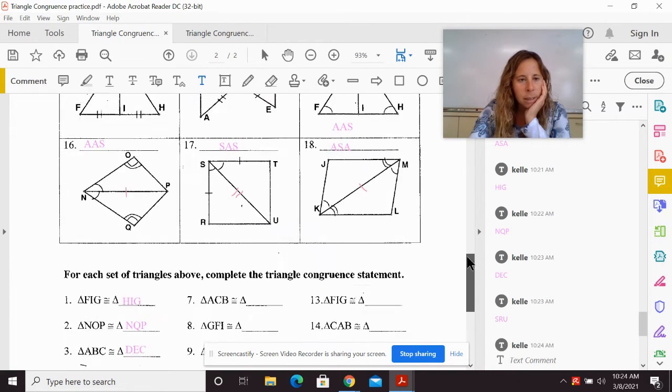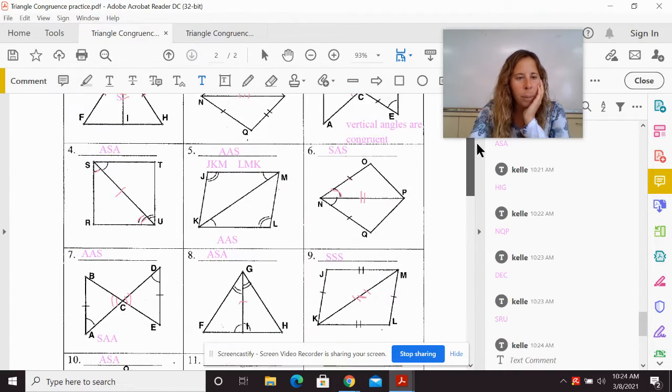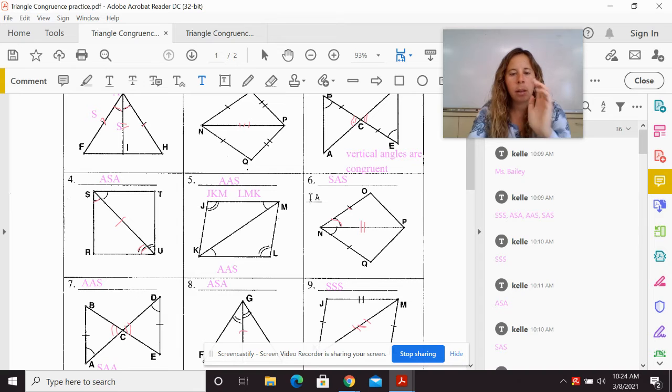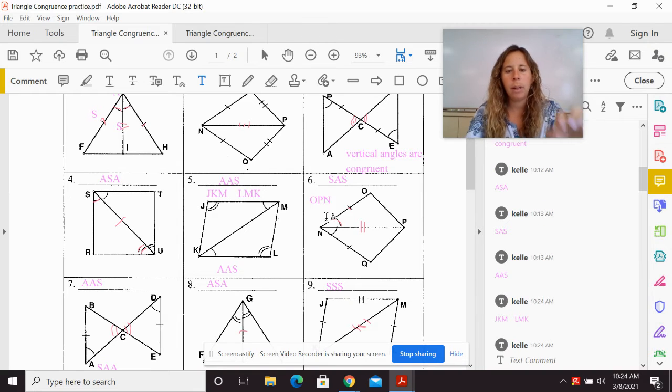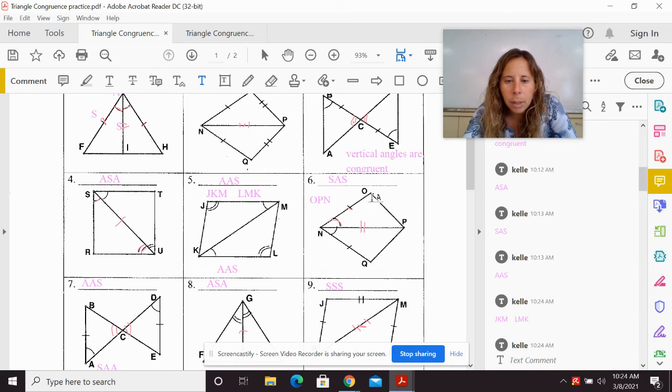Number 6. Oh, wait, read it. OPN. Right. So O is congruent to which angle in the triangle below?